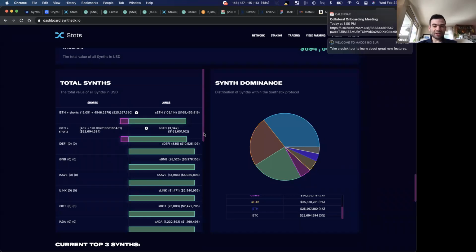So Synthetix has, I'd say, a brilliant innovation of saying, all right, we're just going to get rid of all that. We don't require people to supply liquidity in these specific assets. The LPs don't decide what kind of LP they're providing. The traders decide what kind of liquidity they want.